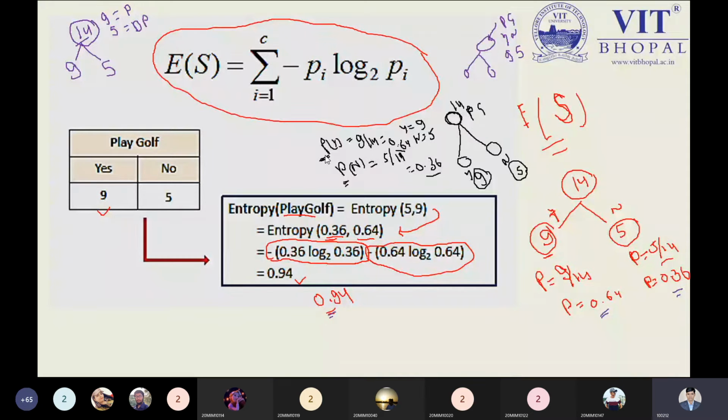Sir, we are using the play golf attribute to find the best attribute, right? Yes. So play golf would be the best attribute or not the best attribute, and we have to decide this with the help of the information gain. This will be used to decide whether this is the best attribute or not.